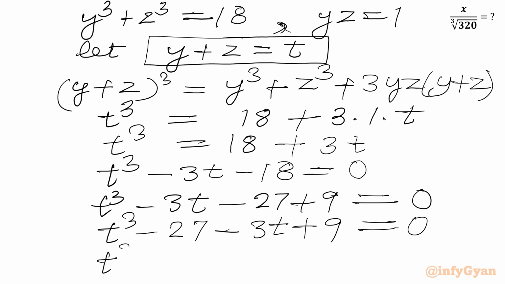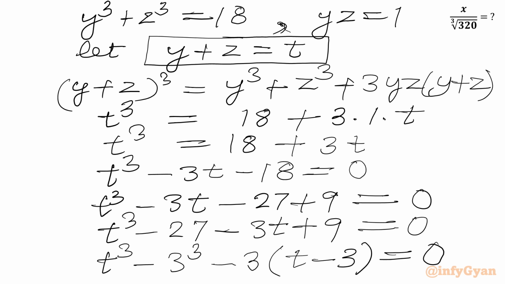Or we can write t cube minus 3 cube, and then minus 3 is common in the bracket, t minus 3 equal to 0. Now I can apply the a cube minus b cube formula here.